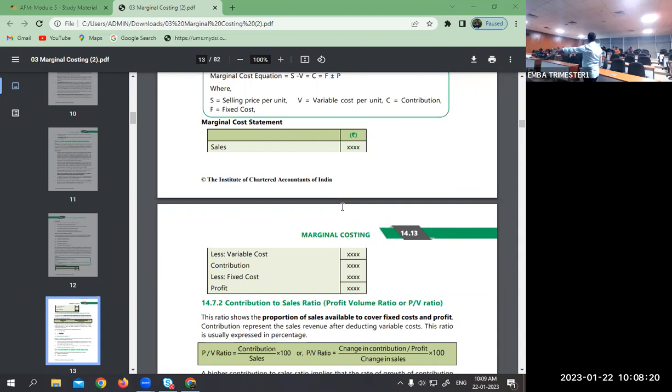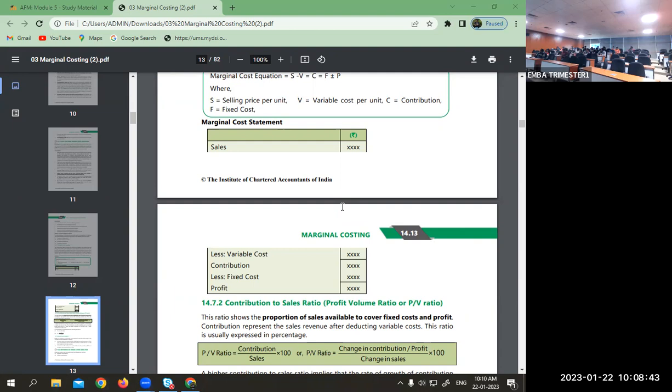The same equation written in a statement format. In the marginal cost statement, profit can be identified. Profit can be found out by applying this small statement. Sales minus variable cost equal to contribution. Contribution minus fixed cost is equal to profit.